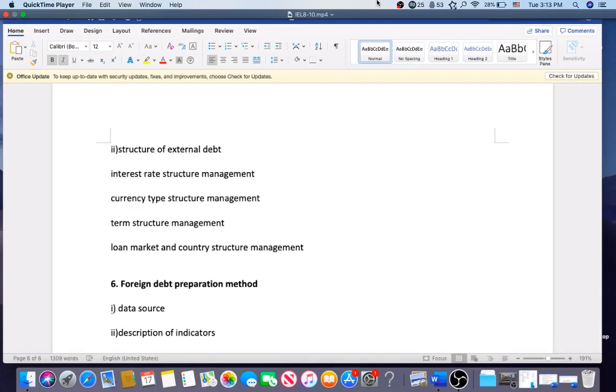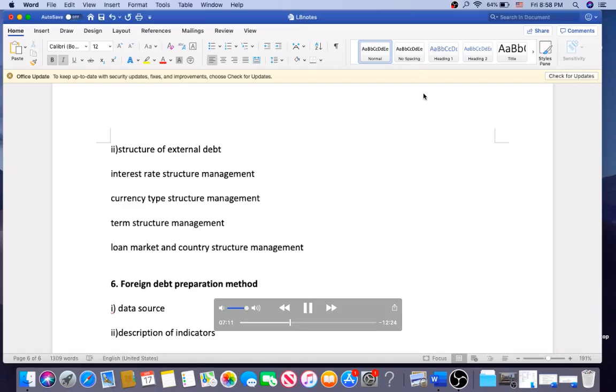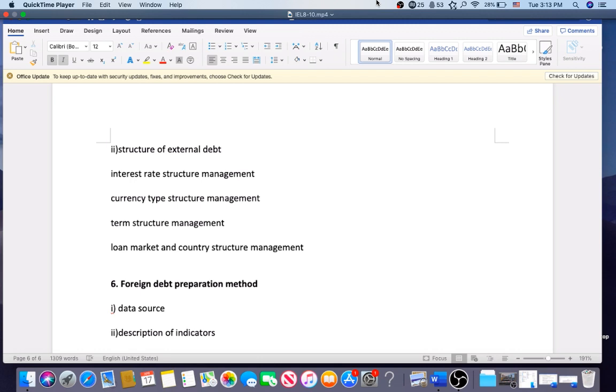debt. That means the economic construction demand according to the practical needs and specific requirements.